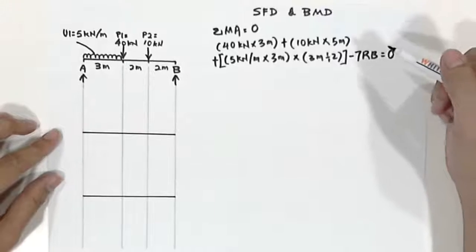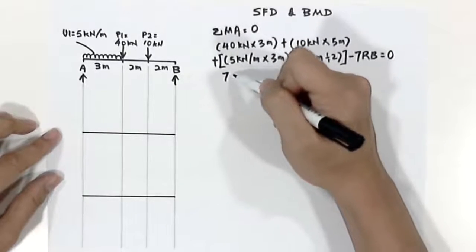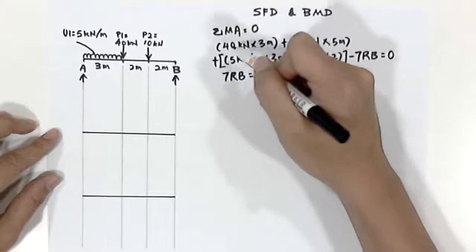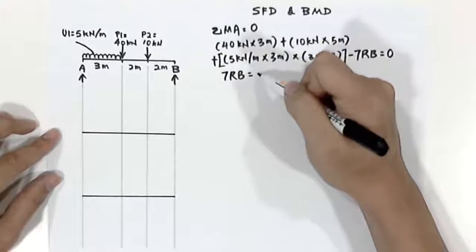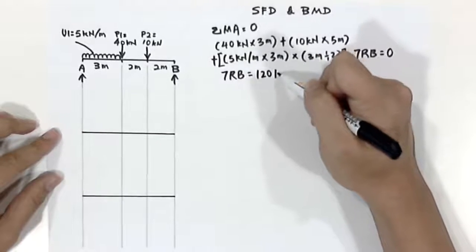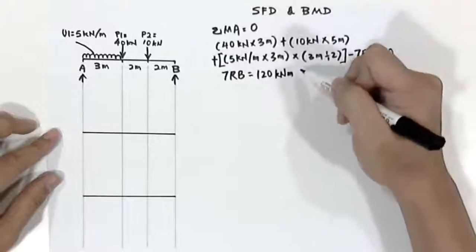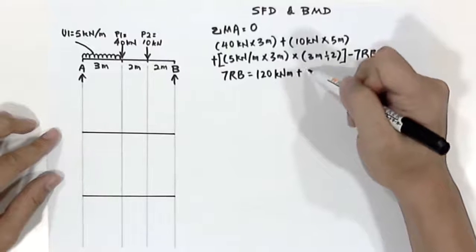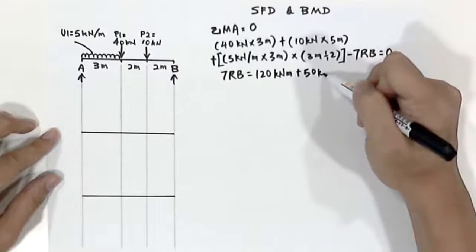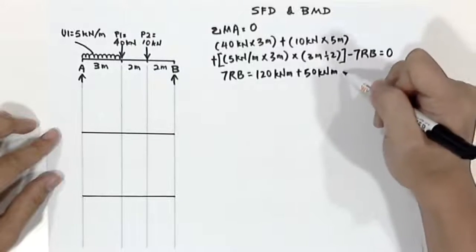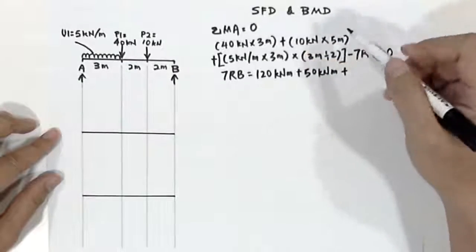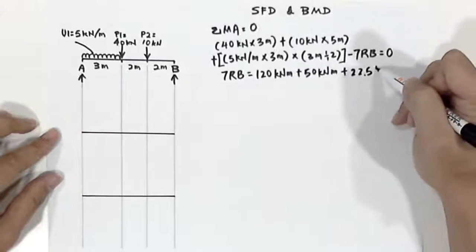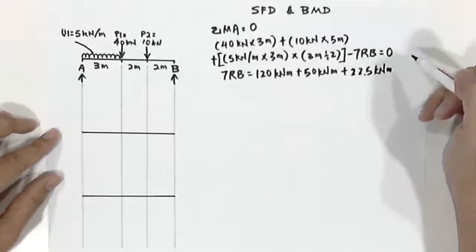So we rearrange the equation in a way that 7 RB equals to 40 times 3, which is 120 kilonewton meter, plus 10 times 5 meter, which is 50 kilonewton meter, plus, if you sum up all this, it will equal to 22.5 kilonewton meter.